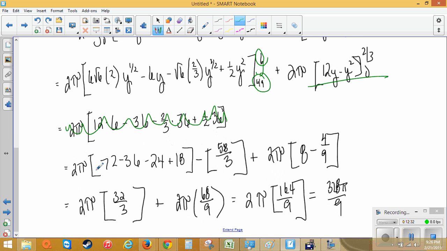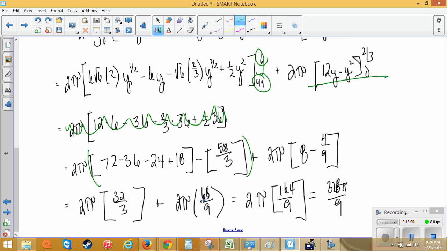Okay, so 2 pi times this minus 2 pi minus that plus 2 pi, and then you plug in the 0 and the 2/3. Of course, the 0 is going to 0 out, so you really just plug in the 2/3 there. This all comes to a 32 over 3. This over here is going to be 68 over 9.